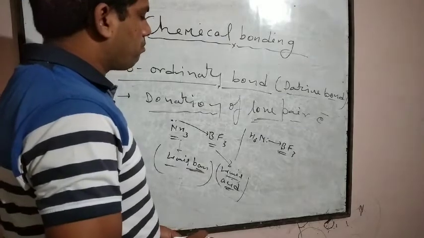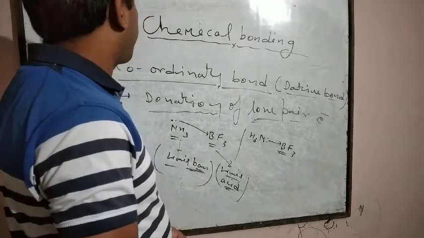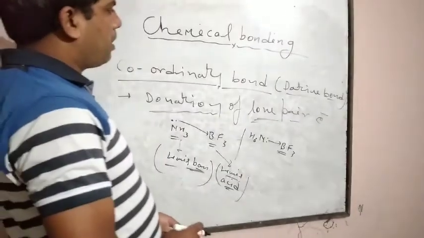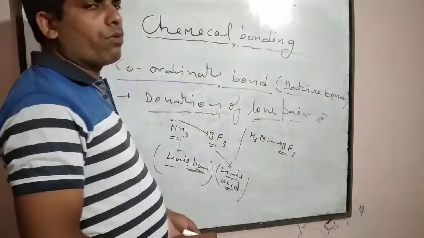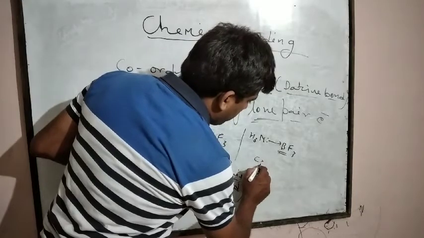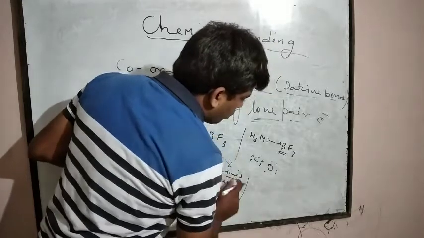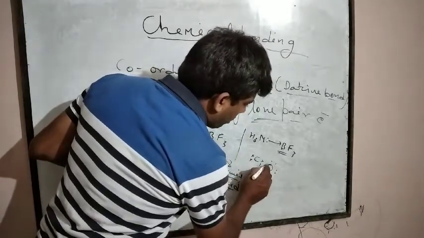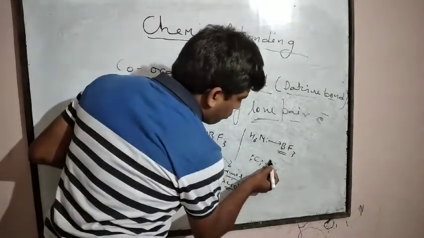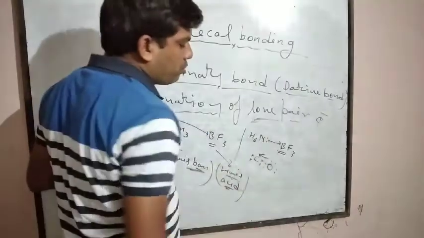In this way, if we take another compound, carbon dioxide, in what way will the coordinate linkage form? Carbon has 4 valence electrons, oxygen has 6. Two electrons are shared by carbon and oxygen, and one lone pair of electrons is donated to the carbon, and in this way carbon also completes its octet.